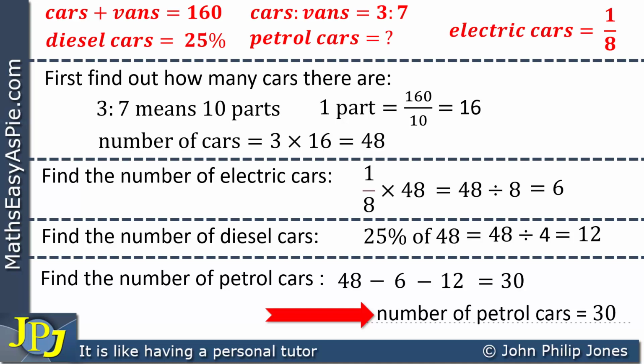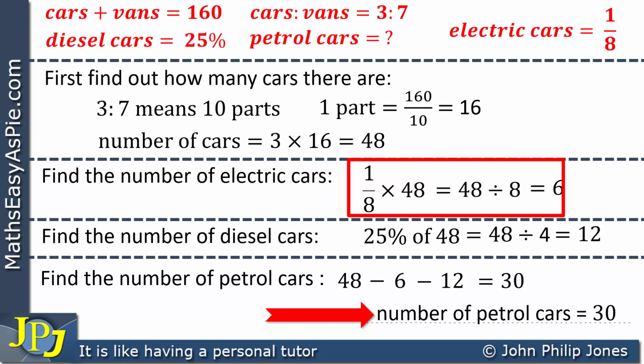Now the question asks you to show your working. In other words, your workings out. You might not want to put all of the text that I've put here, but what I most certainly would show is this: where you get 10 parts from, how you worked out what one part is, then show 3 times 16 equals 48.